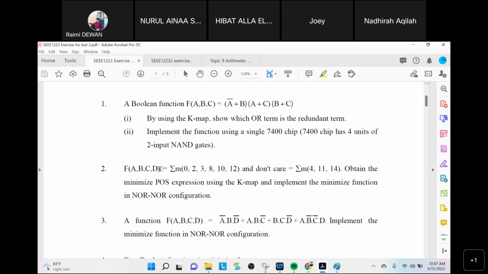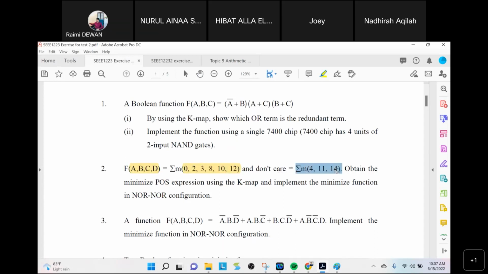It is given in terms of SOP and don't care. Instead of asking you, because it's given as SOP, you can get the complement, which is POS. So you see here ABCD, then you have 0, 2, 3, 8, 10, 12 and don't care.